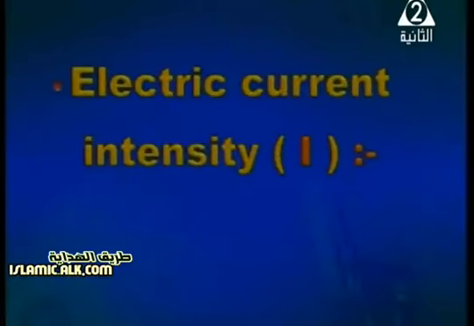And now, what's meant by electric current intensity? Electric current intensity is denoted by capital I, and it is calculated from the expression I equals Q over T. So electric current intensity will be the quantity when the time is equal to 1 second.